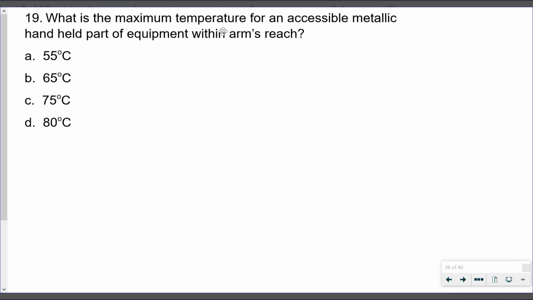Question 19: what is the maximum temperature for an accessible metallic handheld part within arm's reach? So we are looking for temperature maximums here. We're looking to protect against burns. There are a couple of ways in which we can find this.